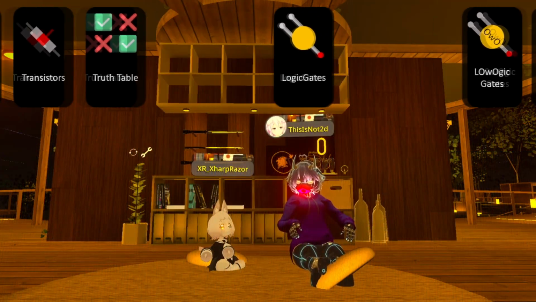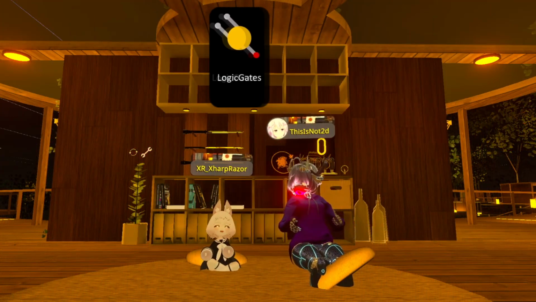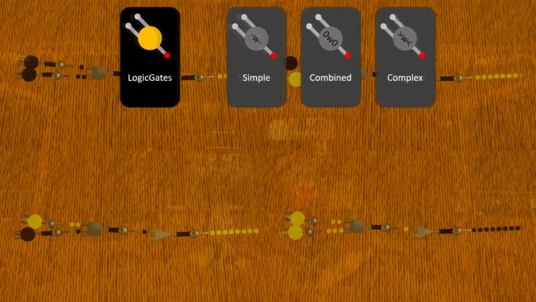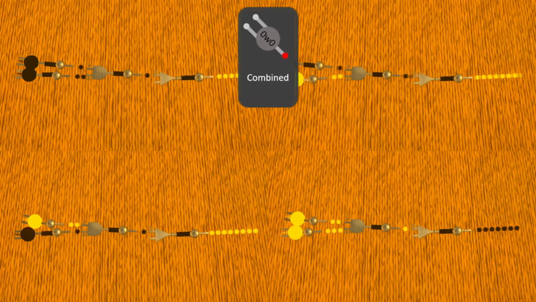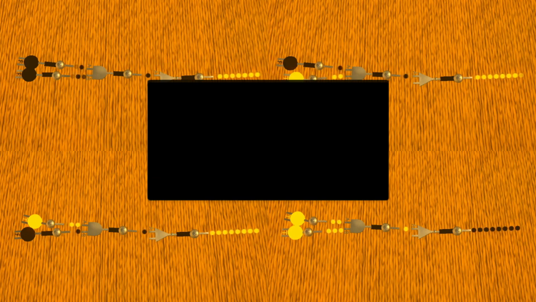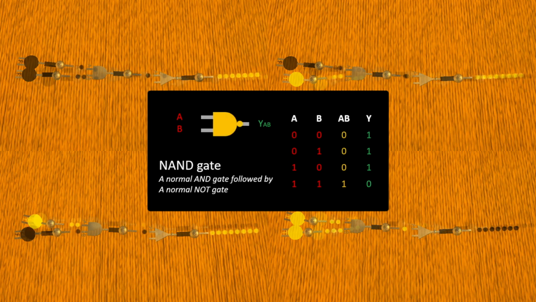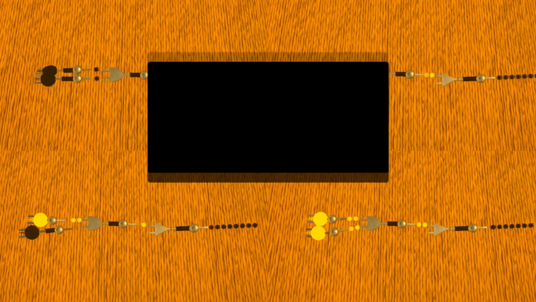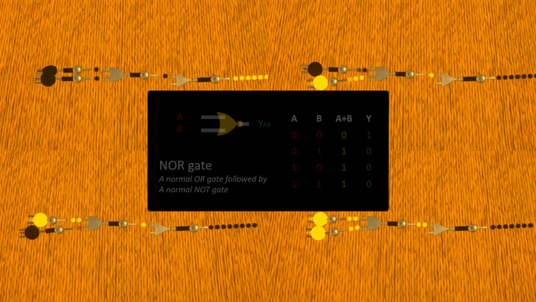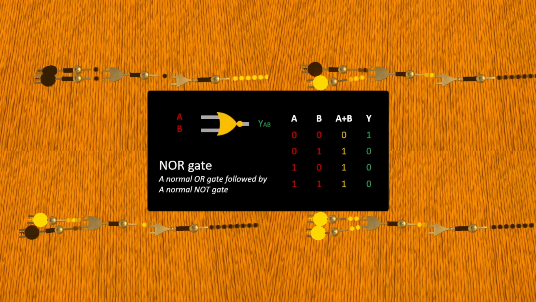Those gates mentioned earlier can be connected back to back to end up with some new gates. A NAND gate is an AND gate followed by a NOT gate. A NOR gate is just an OR gate followed by a NOT gate.